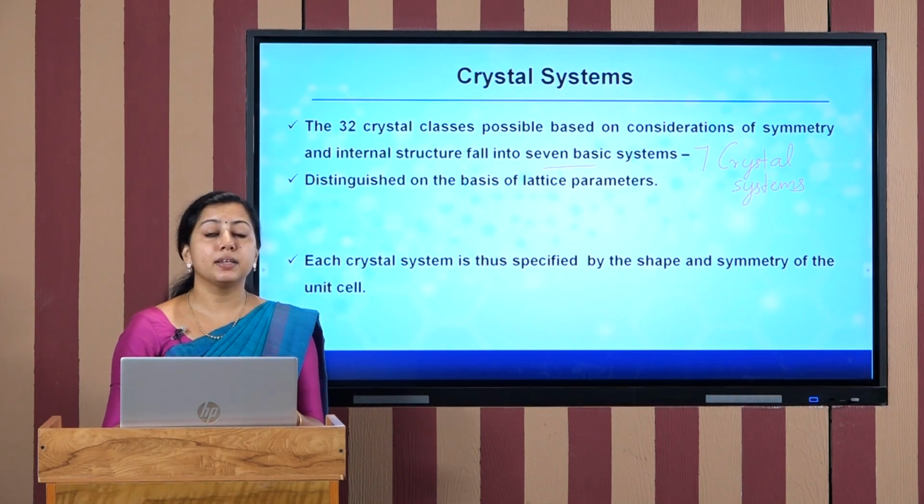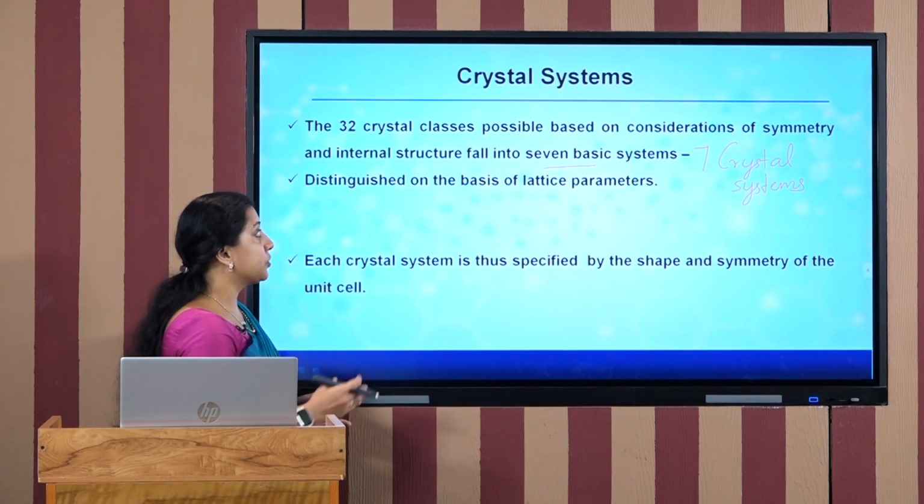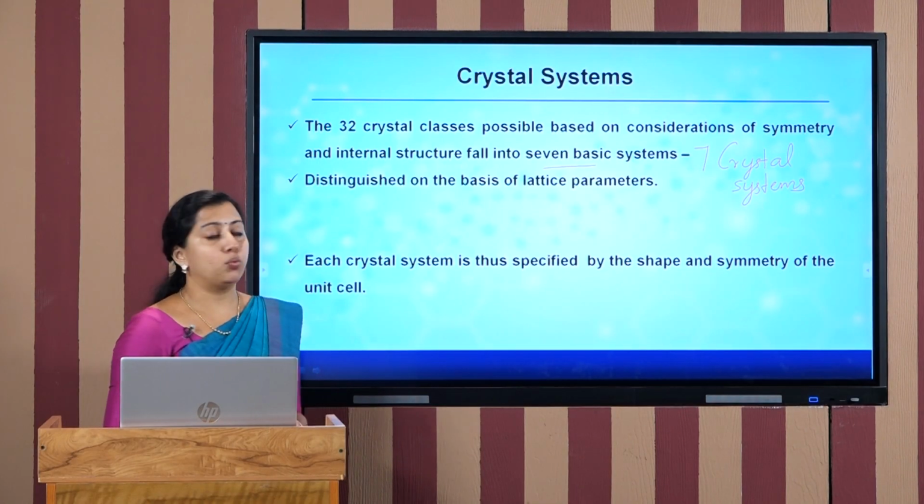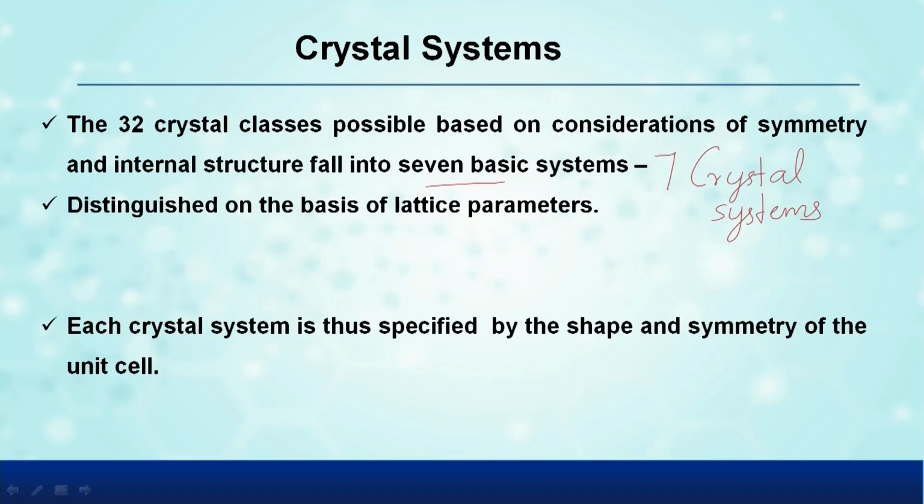And these 7 crystal systems are distinguished on the basis of their lattice parameters. And what are the lattice parameters? We have 6 lattice parameters, that is, the intercepts made on the 3 crystallographic axes denoted by A, B and C, and we also have the axial angles, alpha, beta and gamma.